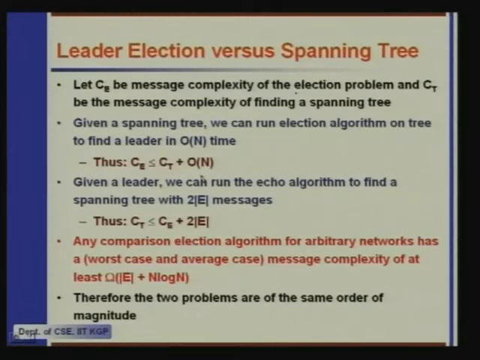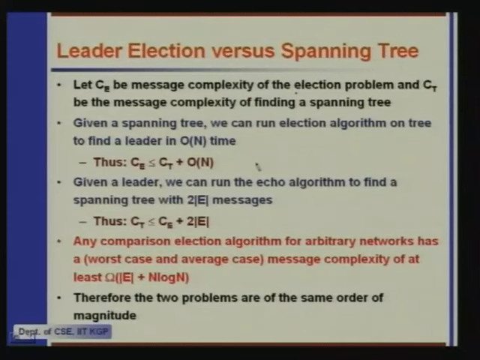Suppose I give you a spanning tree. Remember that we had studied one algorithm which does election of a leader in a tree. That algorithm runs in order n time. So, if I give you a spanning tree, then you can run that order n algorithm.